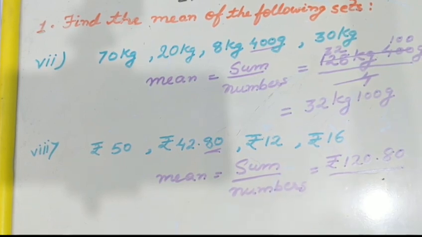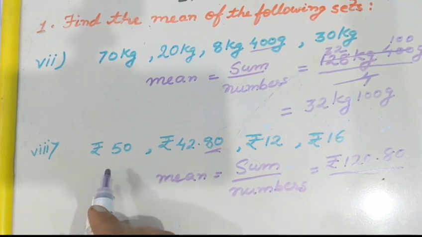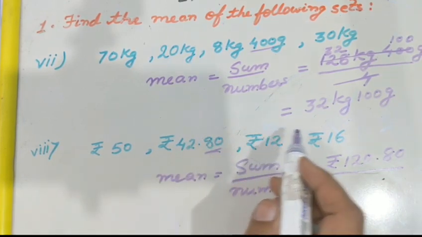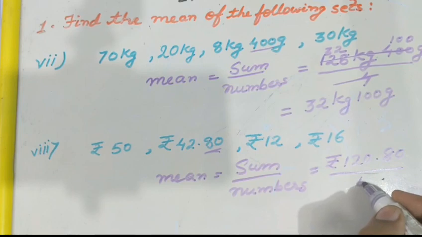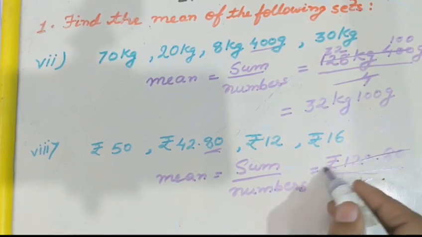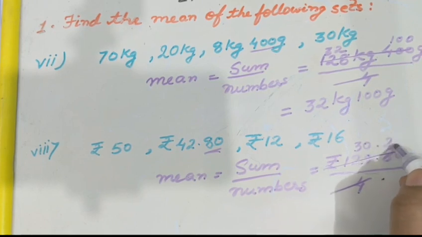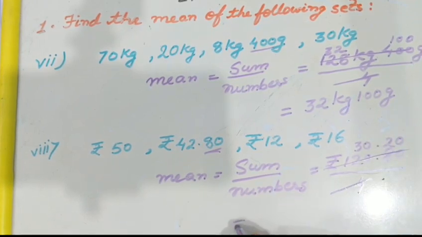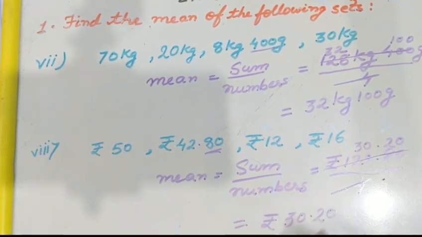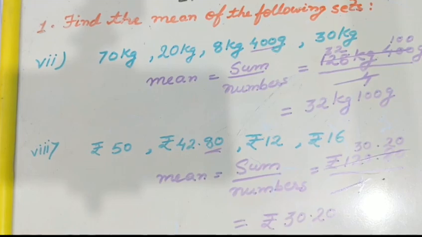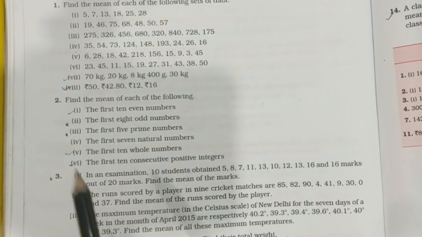Here we have how many observations? 1, 2, 3, 4. So divide by 4. Simplify. 4 threes are 12 and 0. 0.42 divided, 4 twos are 8 and 0. So the mean of these given values equals rupees 30.20. Clear?